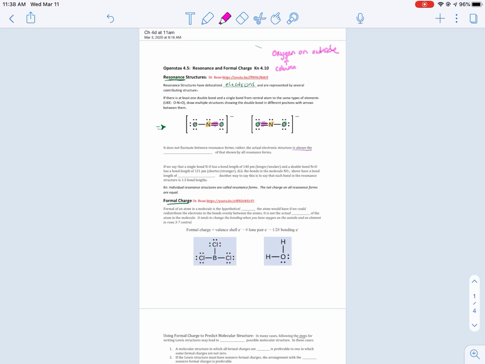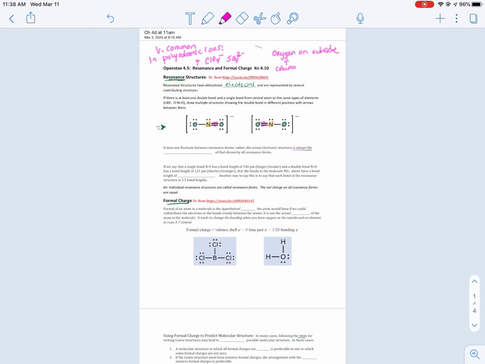Resonance structures are also very common when you're talking about polyatomic ions, so things like ClO4 minus, SO4 2 minus. Those kinds of species that have all those oxygens, it's very common to have resonance for those ones.